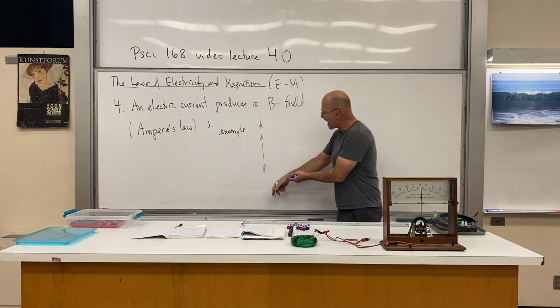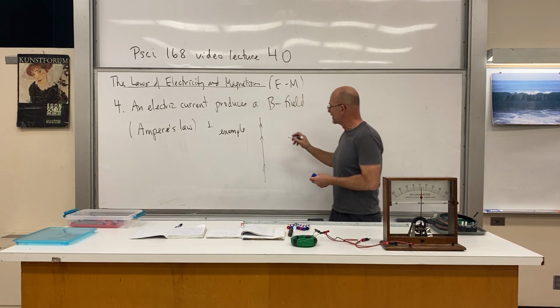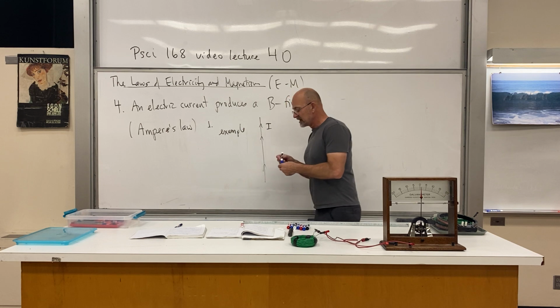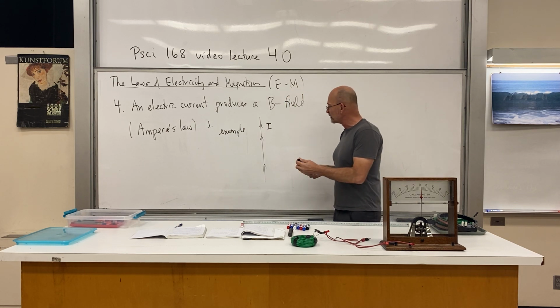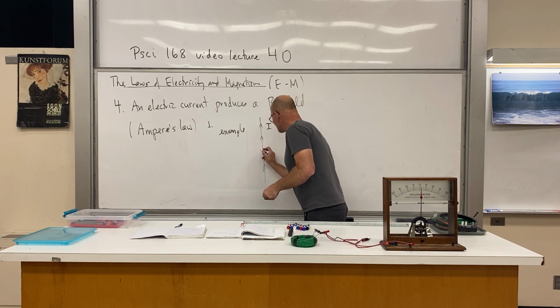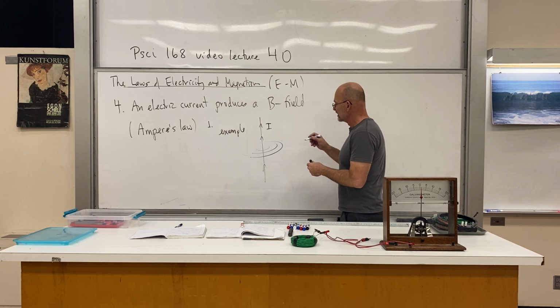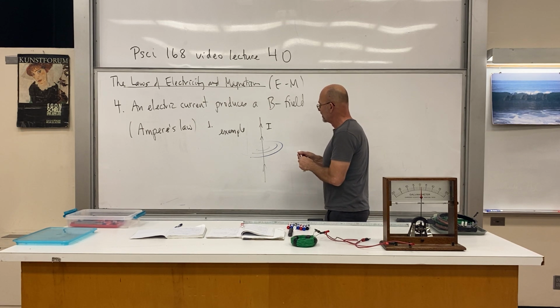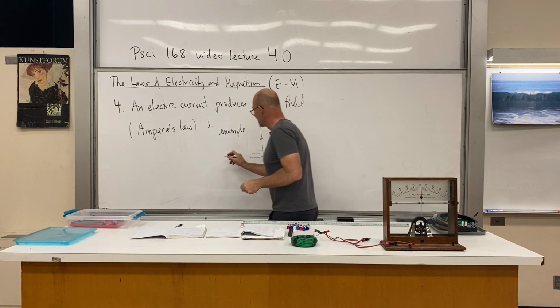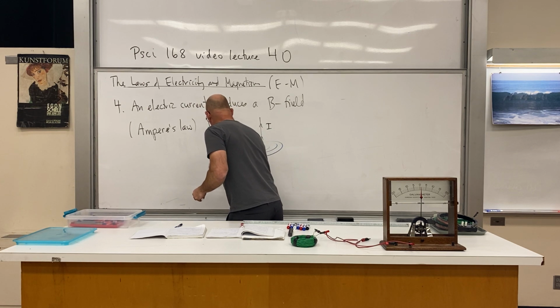So imagine we have a wire and a current in that direction, I. The magnetic field produced by this is a bunch of concentric circles. Okay. Like that. So this is a long straight wire.